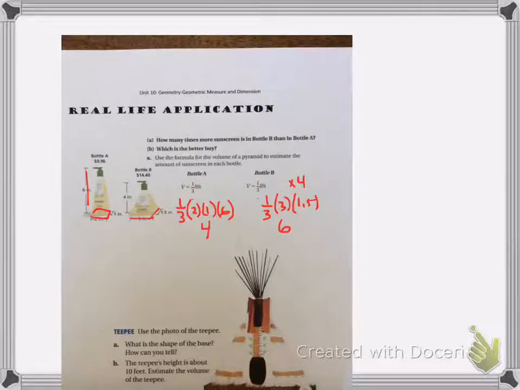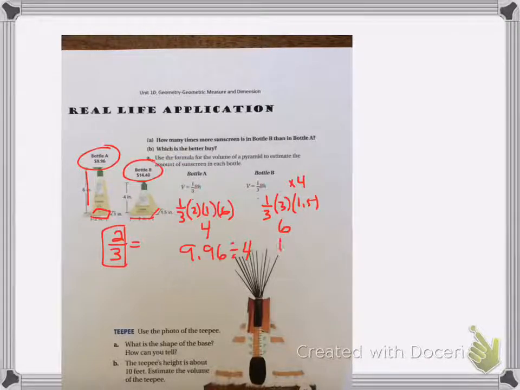So how much bigger is it? Well, that would be a 2 to 3 ratio there, so 2/3 bigger. Then it says which of the bottles is the better buy. Well, that would be determined by price per ounce probably. So we would take bottle A, which is $9.96, and divide that by its volume, which is 4.